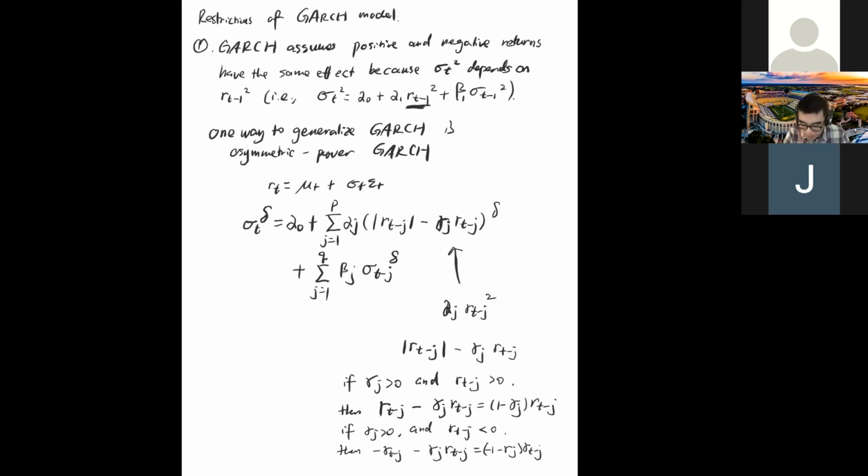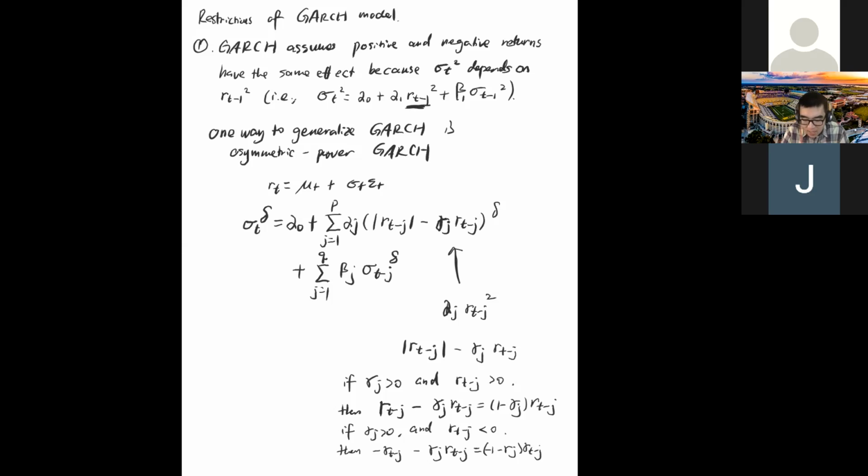So you can see that if your return is positive, then the effect on next period return is 1 minus gamma j. It actually becomes small, because we assume gamma j is larger than 0. So 1 minus something larger than 0, let's say if it's 0.2, it's 0.8.